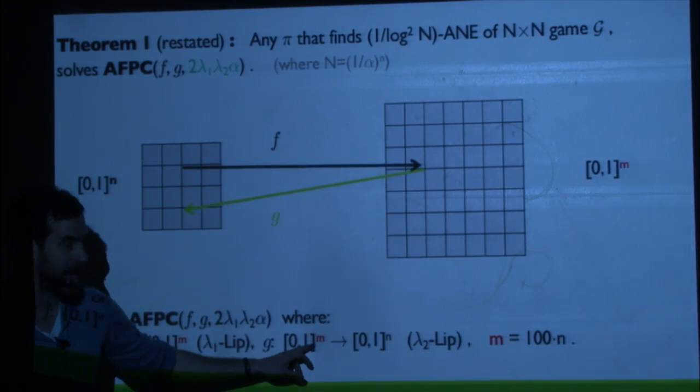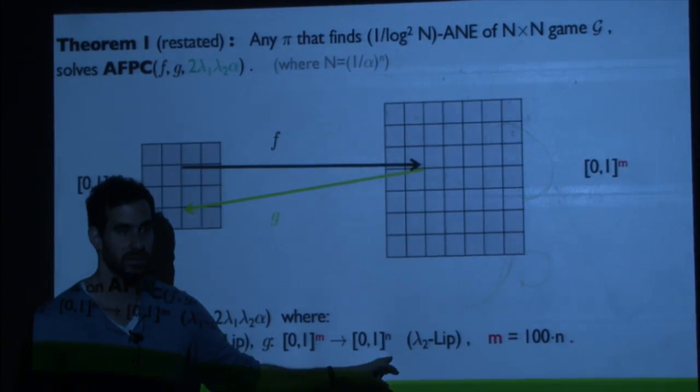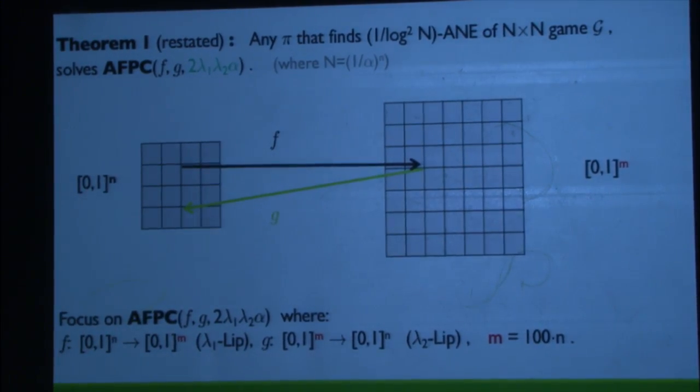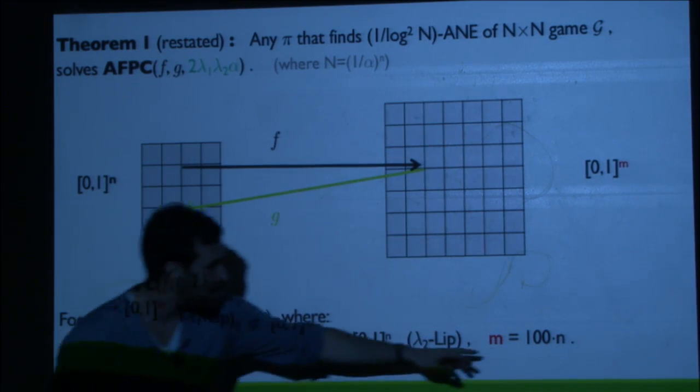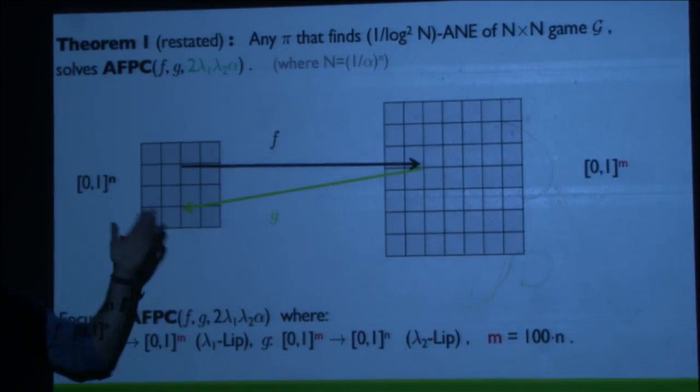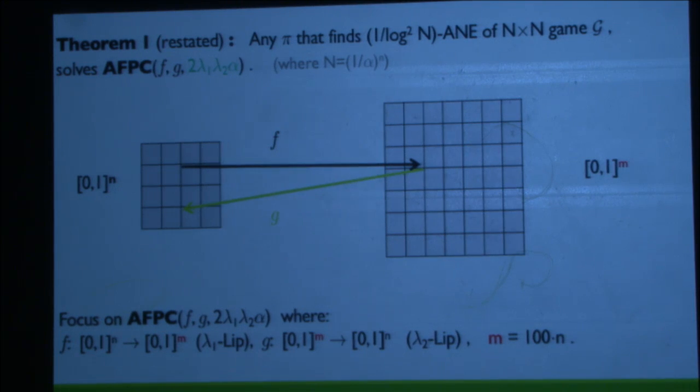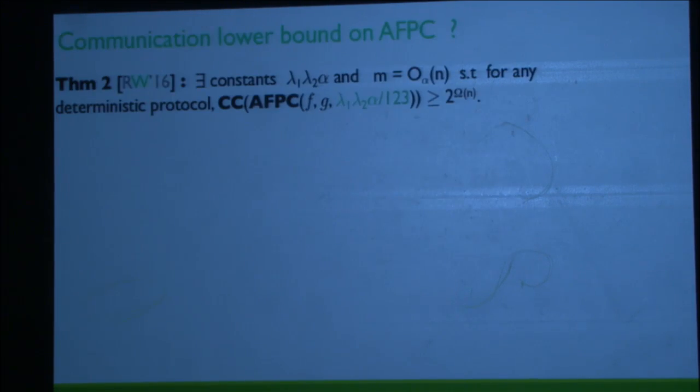So Bob maps back the m-dimensional cube to the n-dimensional cube. I claim that proving a lower bound here will, if you're willing to suffer this loss in the exponent, be good enough. So this is the problem we're going to focus on.